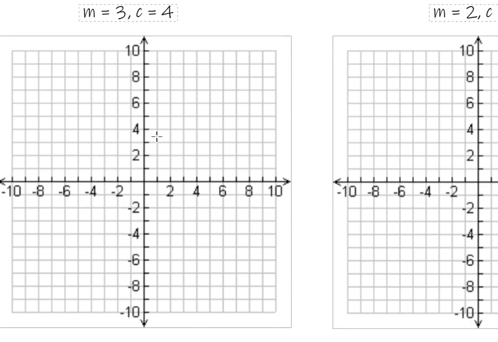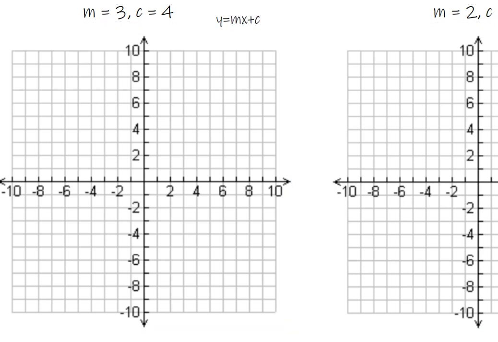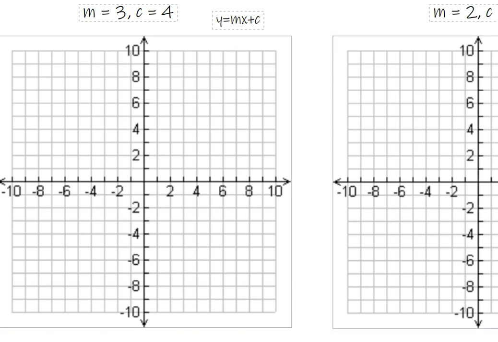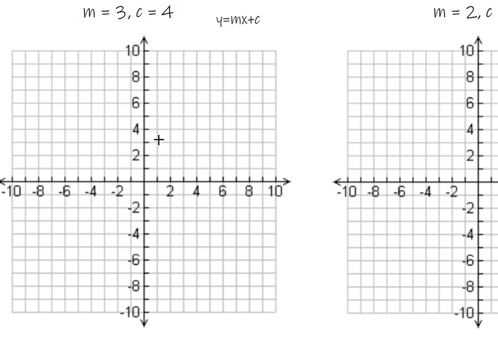Okay, so here's our first graph. Ignore the right bits. We know that m equals 3 and c equals 4. So let me put the equation next to you: y equals mx plus c. What we need to know first is the c value, which is 4.